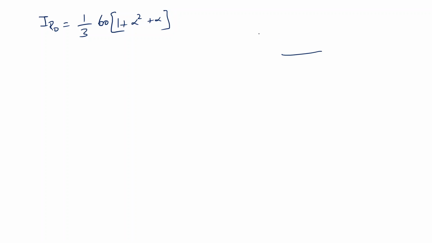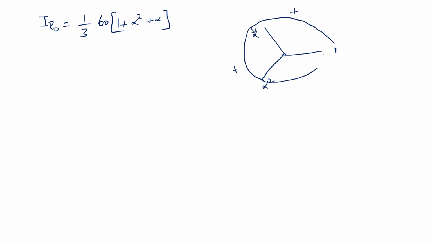Say for example, if this is the three phase and this is alpha square, this one plus alpha, 1 plus alpha, and then plus alpha square.